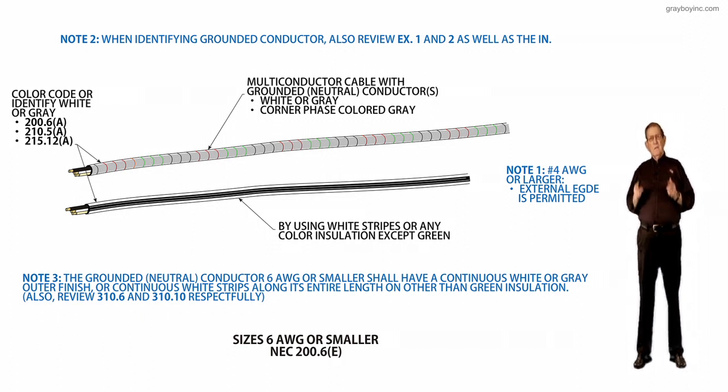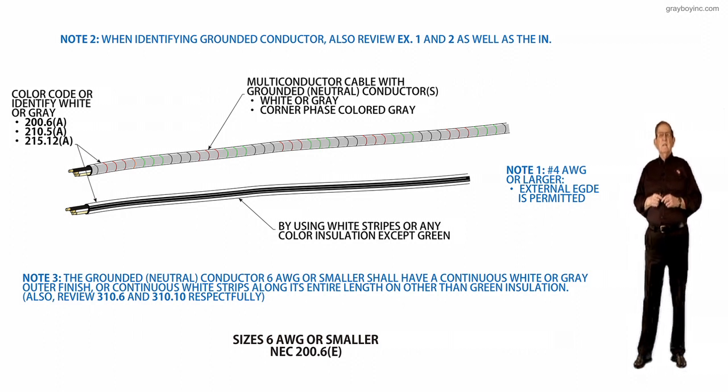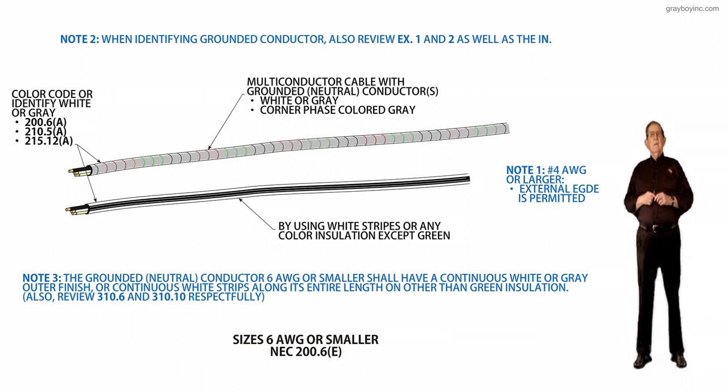Now, you kind of notice that that's a cutoff sizing for many requirements in the NEC. Now, first, I'd like to point out, looking at the bottom cable here, that by using white stripes or any color insulation except green, you can identify that conductor.